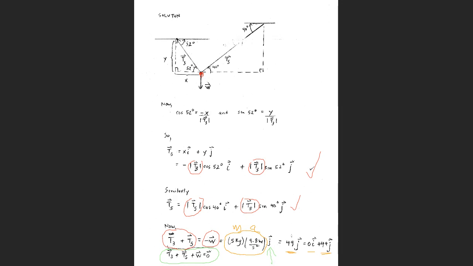Because what we can do is equate components. When we add T3 and T5, we combine the I components and the J components.